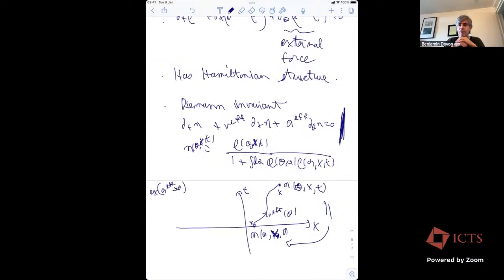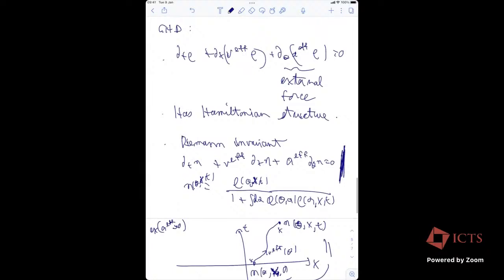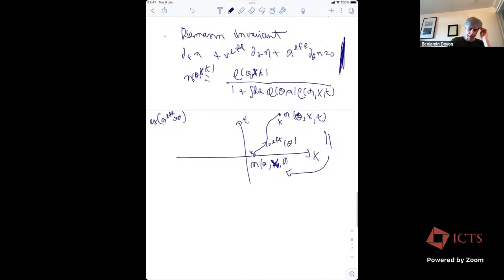So this external force term has been added, assuming that the external force also has the same scale of variation as ρ.